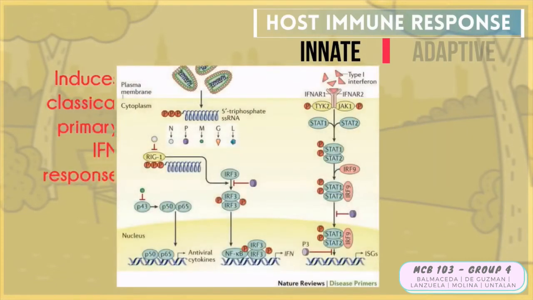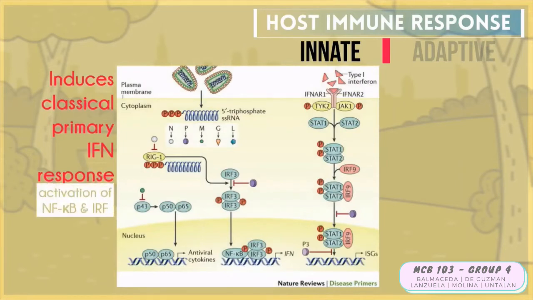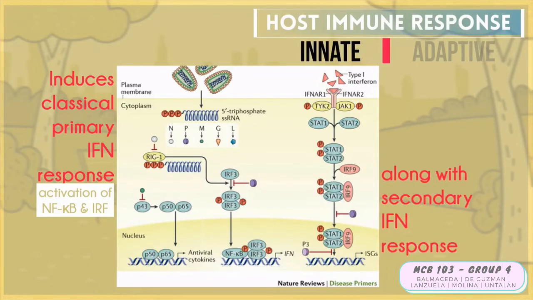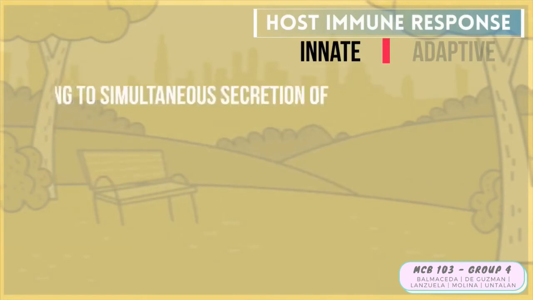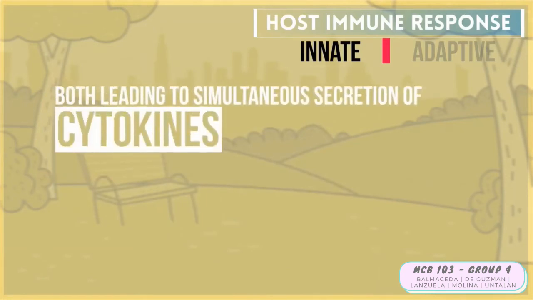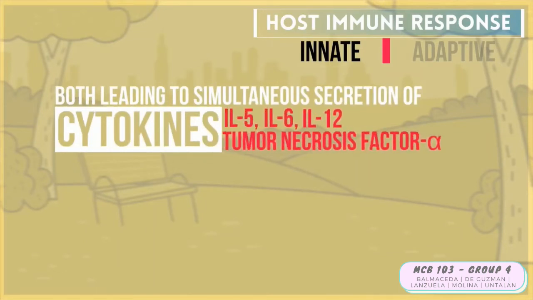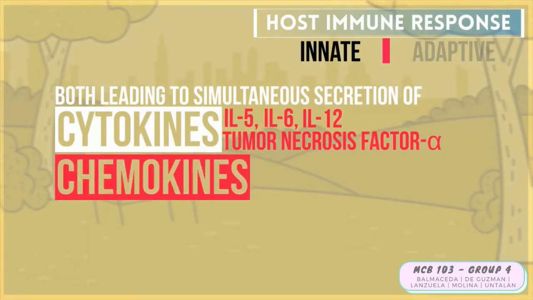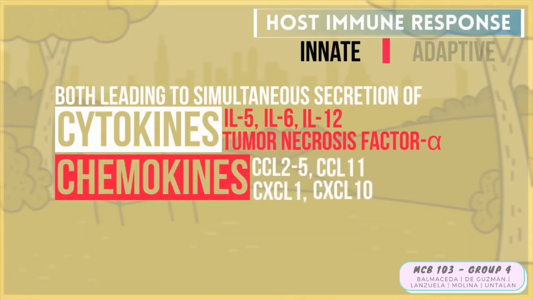This induces the classical primary IFN response, which is the activation of nuclear factor kappa B and interferon regulatory factors, especially IRF3, along with the secondary IFN response, which is the activation of IRF7 and the STATs, both leading to the simultaneous secretion of cytokines, including interleukin 5, 6, 12, and tumor necrosis factor alpha, and chemokines including chemokine ligands 2 to 5, CCL11, CXCL1, and CXCL10.